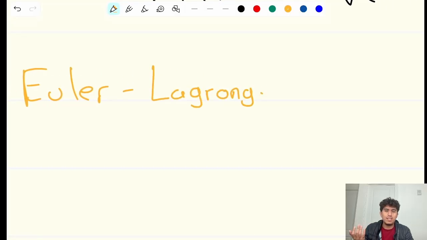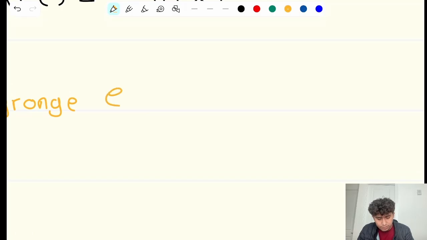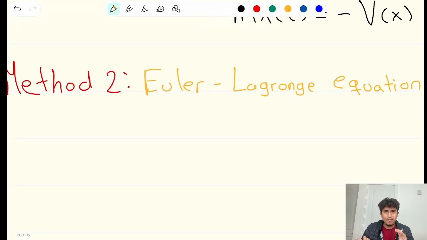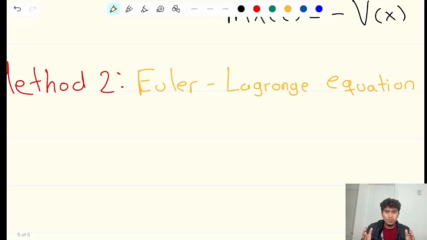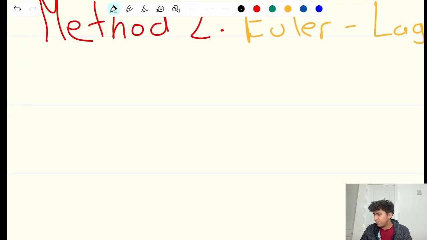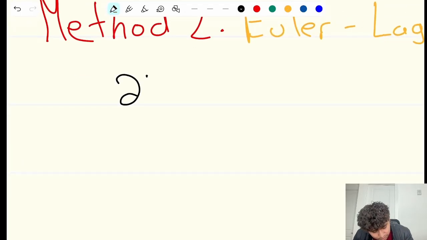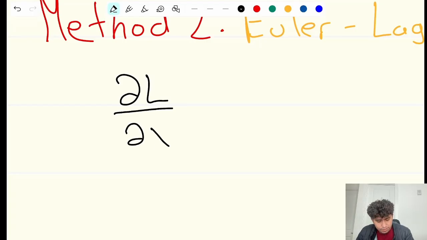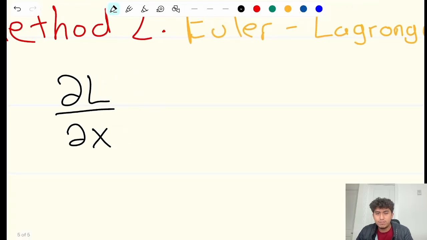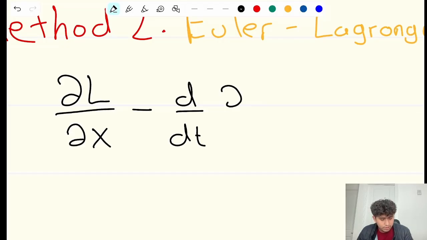It's the way that, outside of string theory and until undergrad level, you're going to see this being used because it's very convenient. Euler-Lagrange equations. Even in field theory and advanced field theory, you're still going to be using the Euler-Lagrange equations, which is just a formula. This formula tells you that the partial derivative of the Lagrangian with respect to x, minus this.